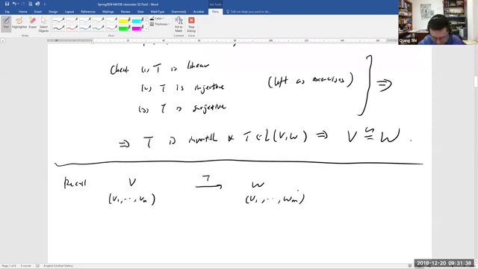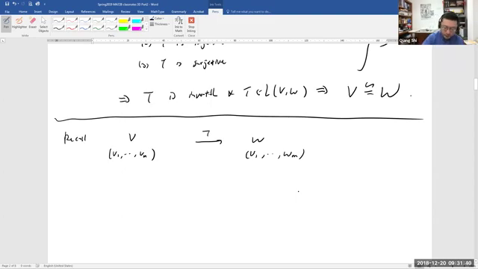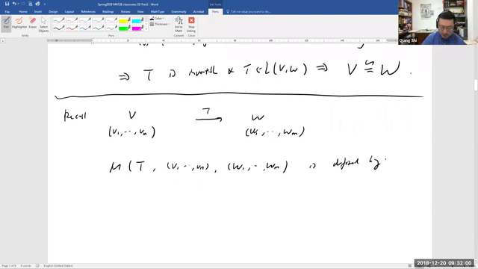Then we defined the matrix M of T with respect to the basis of V and the other basis of W. If you recall how we define this, it is defined by each entry.